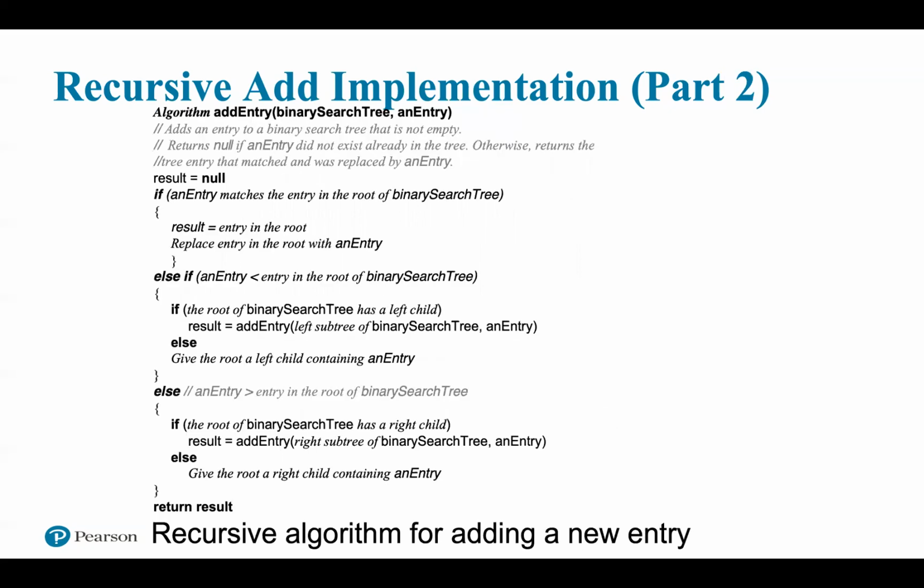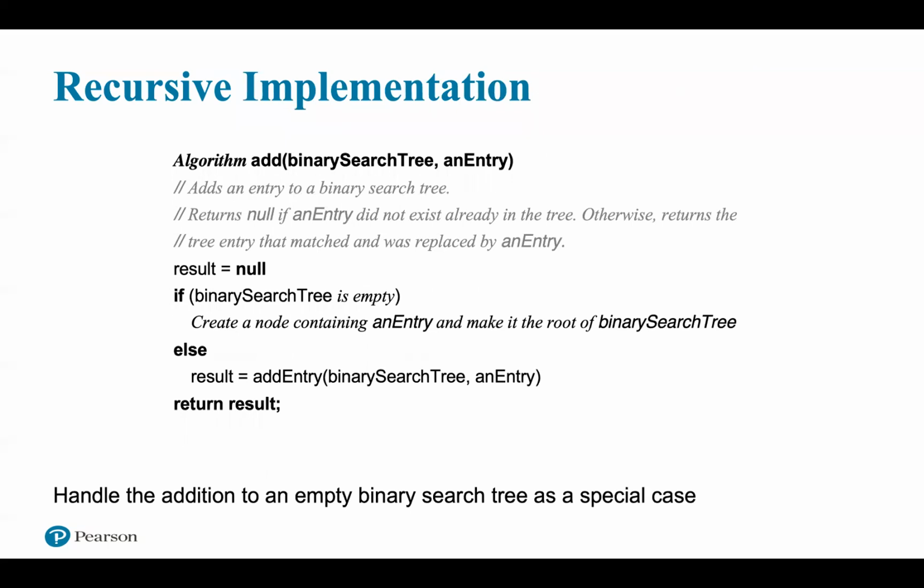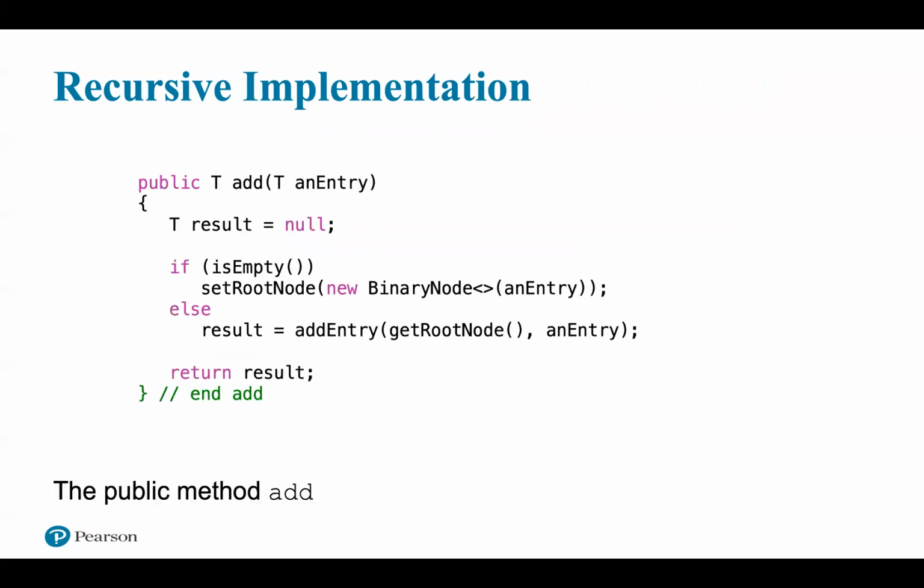So here's a continuation of the algorithm. That's available for you to look over in more detail. We can handle the additions to an empty binary search tree as a special case within another algorithm that involves addEntry, and we're showing that here. So let's look at the public method add.